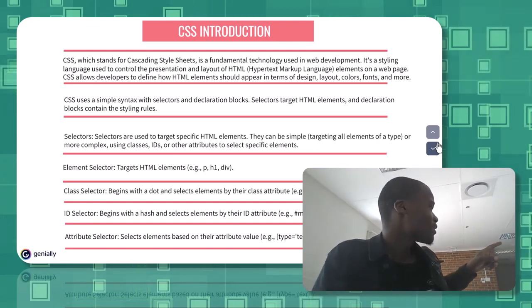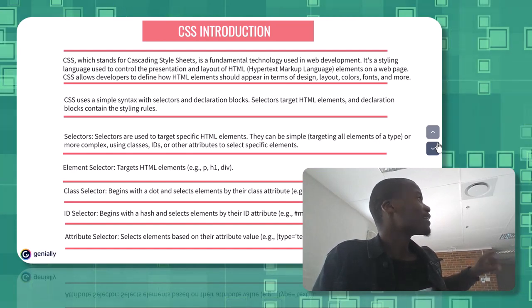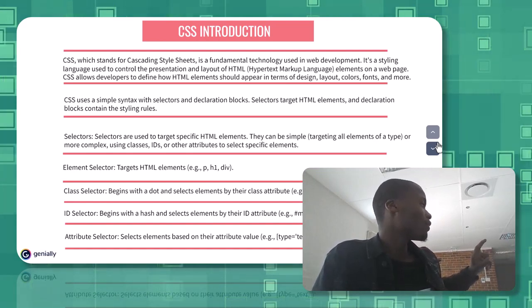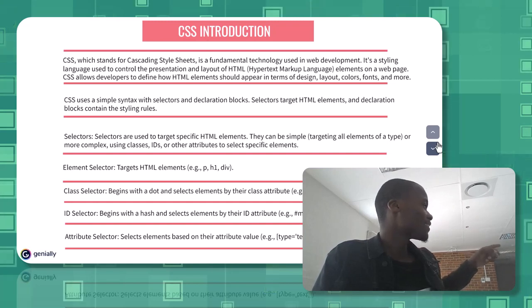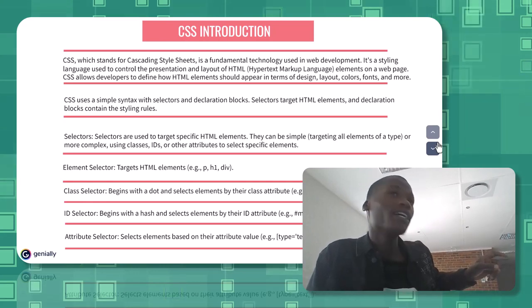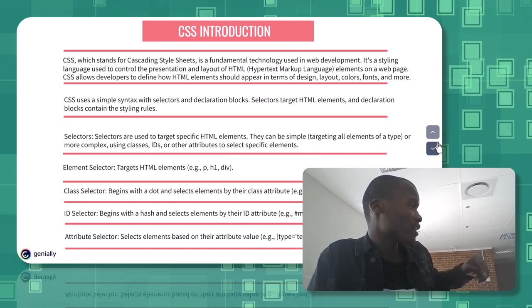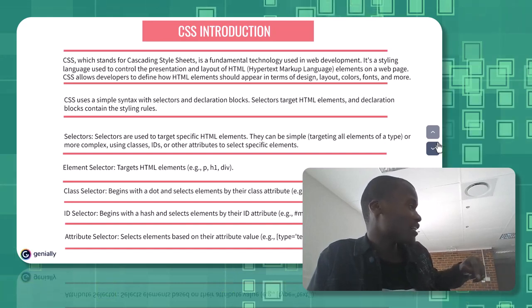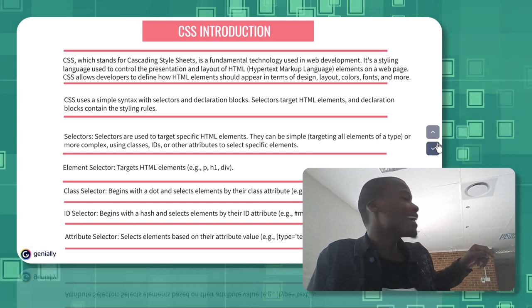If you remember, on the image tag, there is an attribute that is useMap. On useMap, we say equals, then hash. That same hash, the name of it, is the same thing that is used to link the image with the area tag on the name attribute. So that is an ID. It is also a selector.